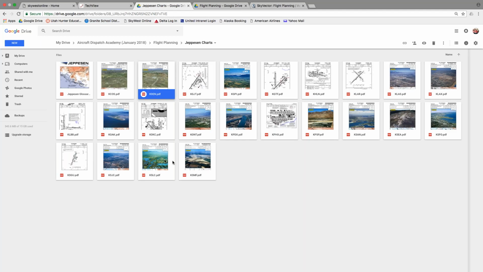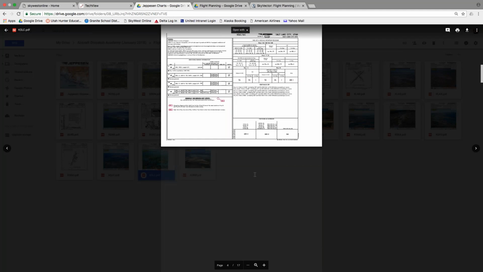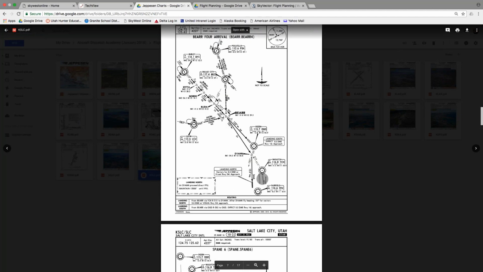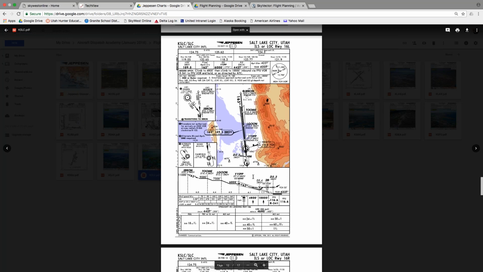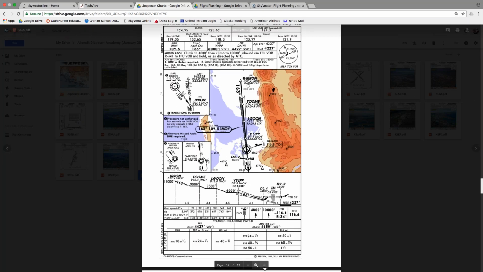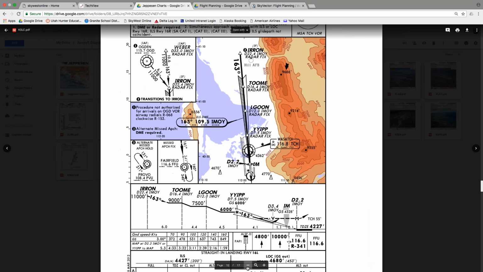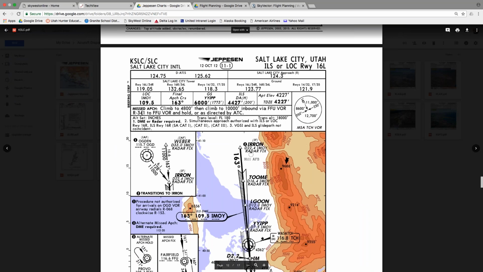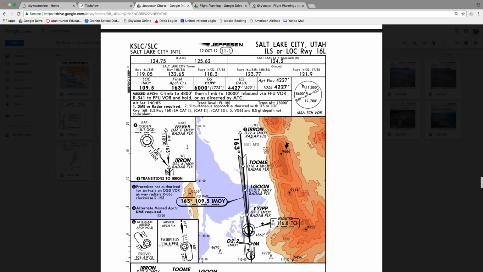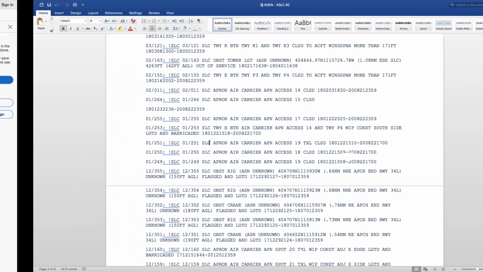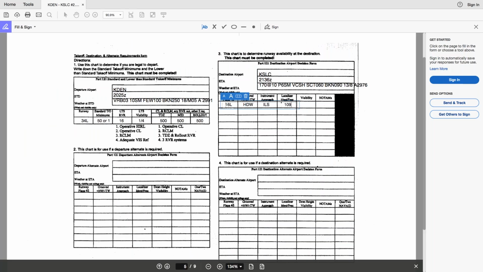So we go over to Salt Lake City really quick. We're looking at 16 left, right? Okay. ILS localizer 16 left. Our frequency is what? 109.5, was it? Okay.